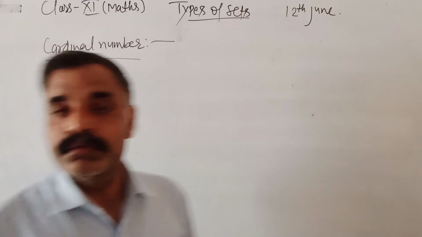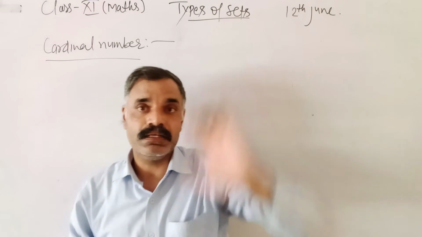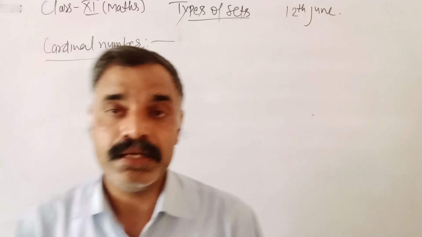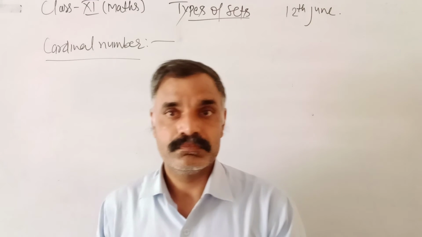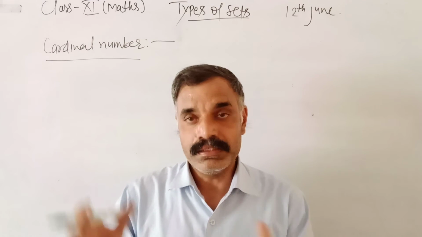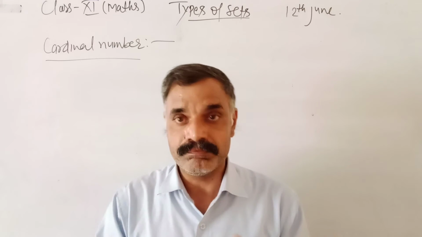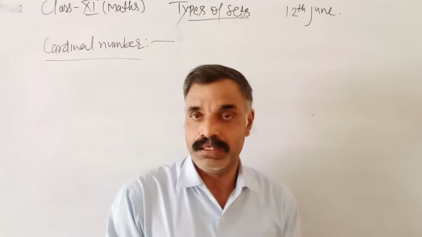What is cardinal number? Cardinal number means the number of elements a set is having. A set containing a number of elements, this number is called the cardinal number.